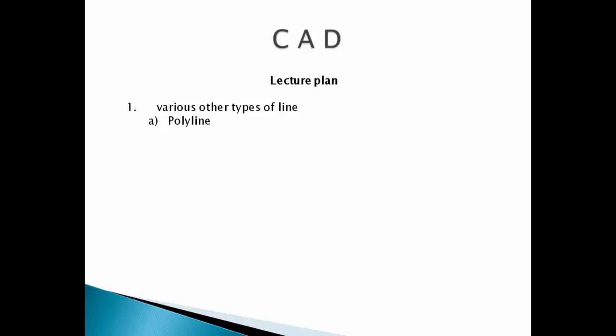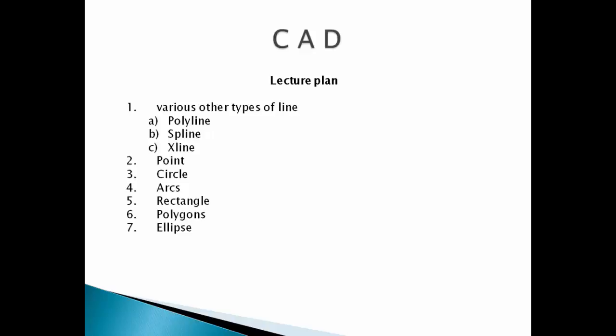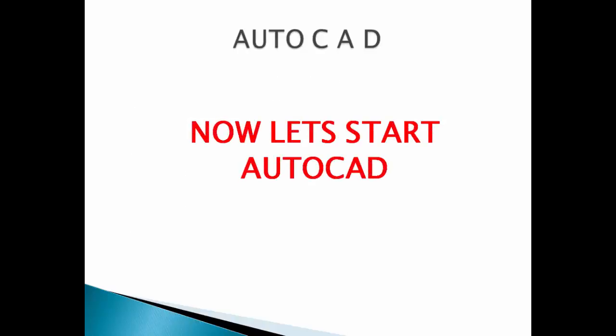We'll be working with polyline, spline, X line, and then we'll be working with point, how to work with circle, how to draw a circle, how to draw a point, how to draw arcs, how to draw a rectangle, how to draw polygons, and of course how to draw ellipses. Now let's start our AutoCAD and move on to that.